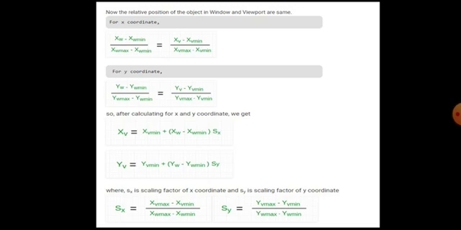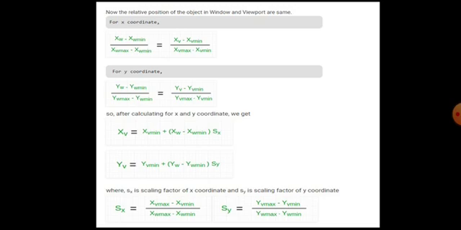Similarly, for the y coordinates we write YW minus YW minimum divided by YW max minus YW minimum is equal to YV minus YV minimum divided by YV max minus YV minimum.